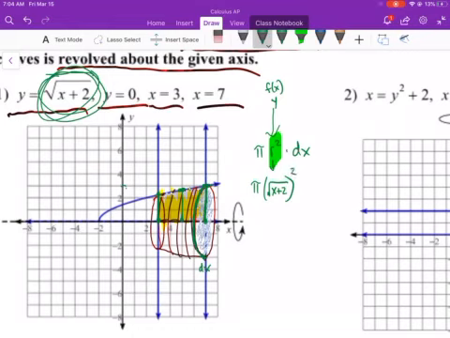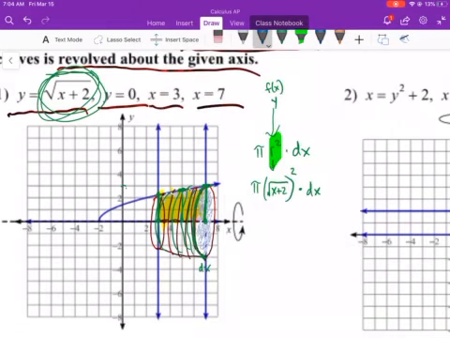And of course, since it's a cylinder, multiply it by the height, or the width when it's standing up like that, which is dx. Now we see we have dx. Clearly, we don't want just one of these discs. We want every single one of these discs in this volume. So I'm going to take it. Remember, if I'm adding up a bunch of infinite sums, then I'm taking the integral.